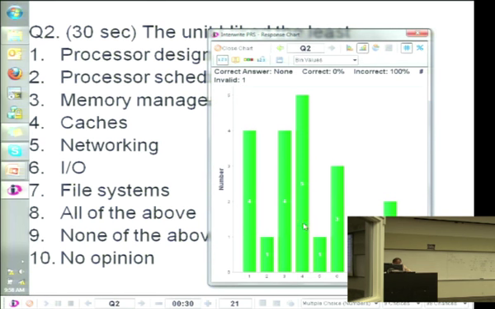Caches. You don't like caches? And then memory management, and then processor design. Interesting. Okay, so what was 2? Processor scheduling is okay. I/O is okay. No, not I/O. Oh, networking is okay. I/O is okay. Interesting.